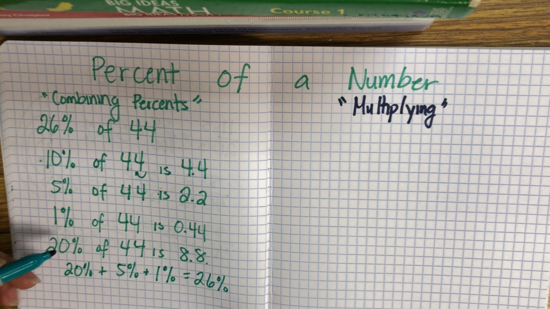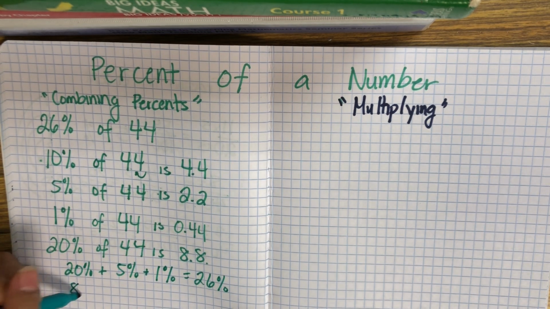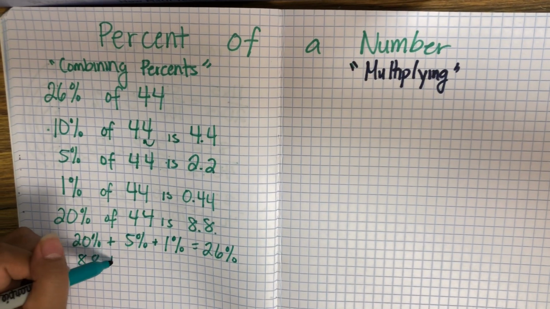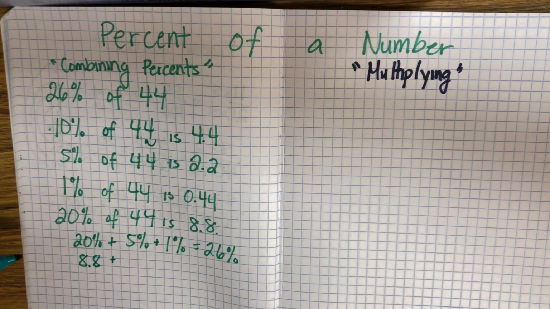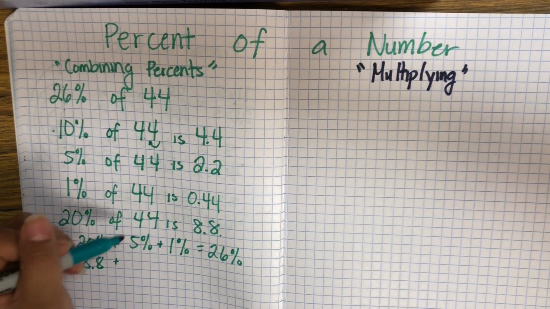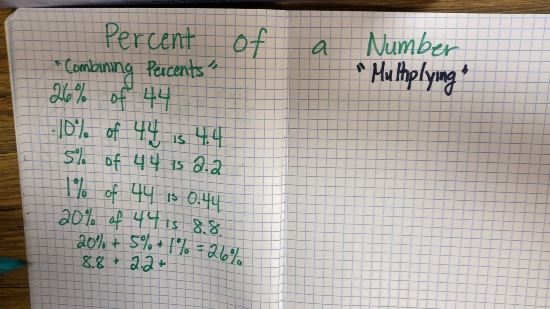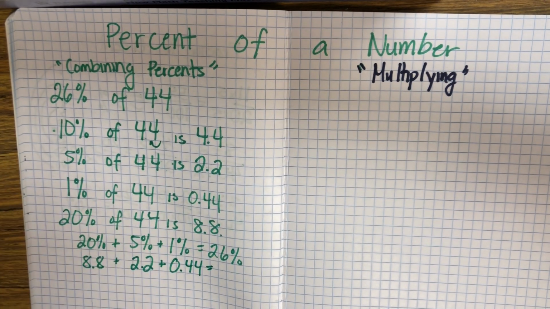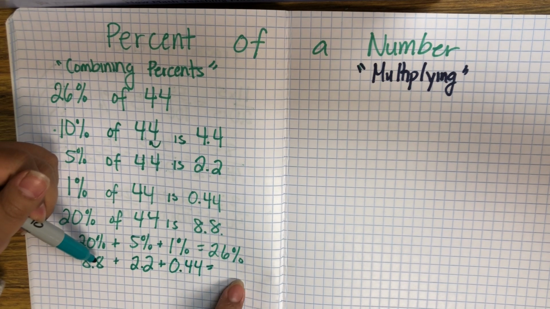Okay, so 20% is 8.8 plus, can you see it? It's just in there. Okay. 8.8 plus 5% is 2.2. 2.2 plus 1% is 0.44. Now, just a reminder, all the tenths will line up.